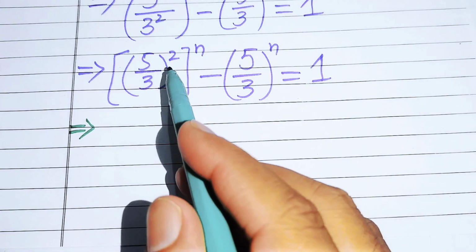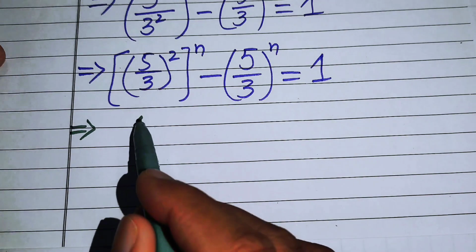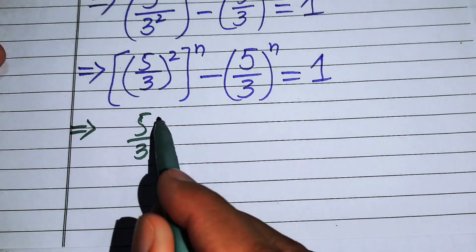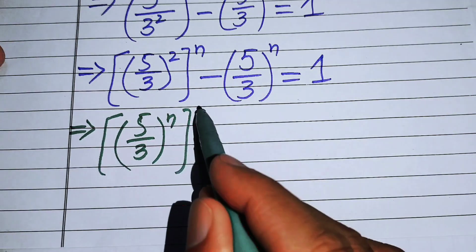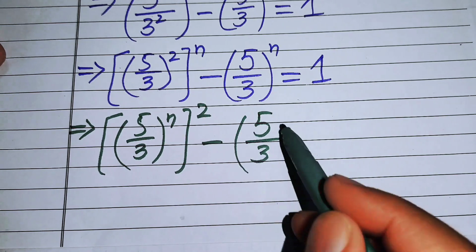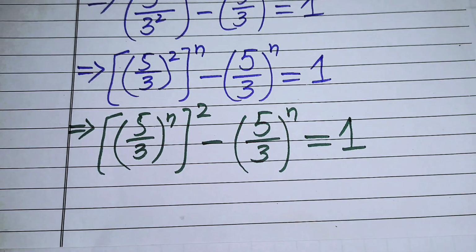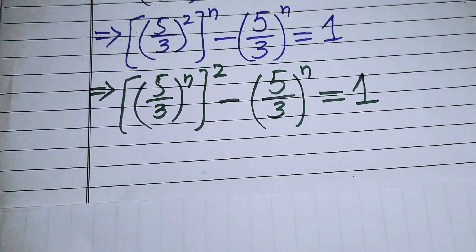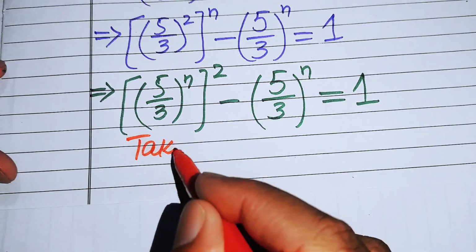We interchange these two exponents, and we write this term as 5 over 3 and its whole power n and its whole squared, minus 5 over 3 and its whole power n, and this equals 1.